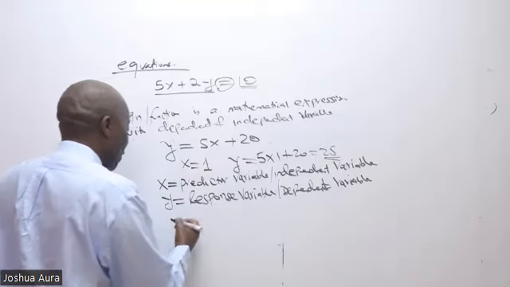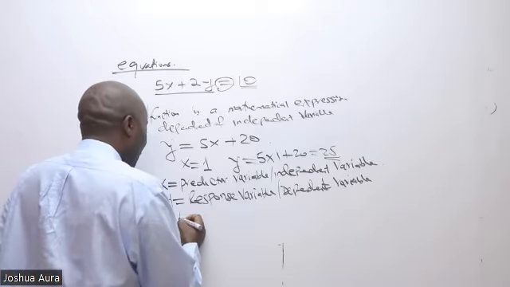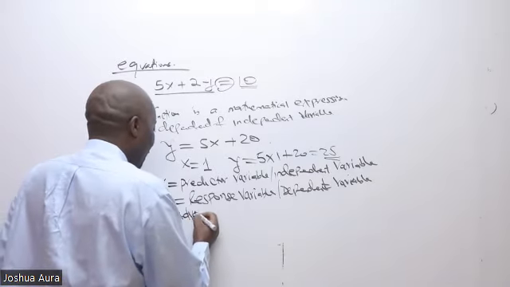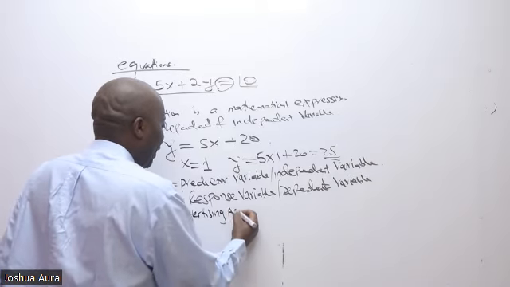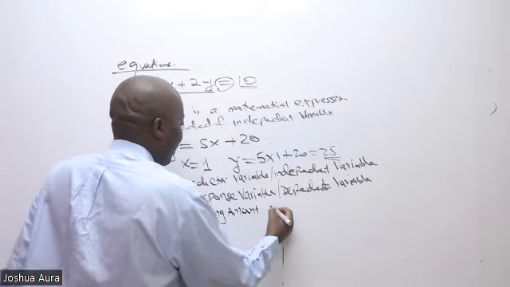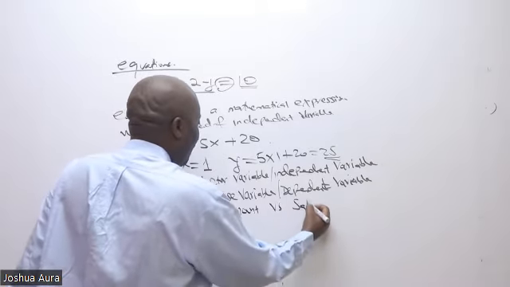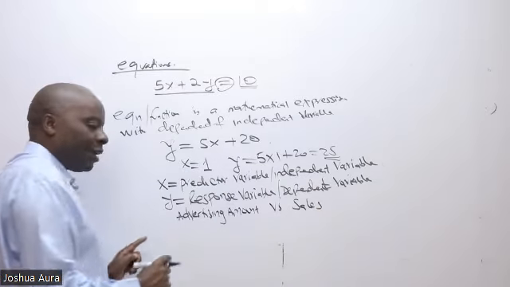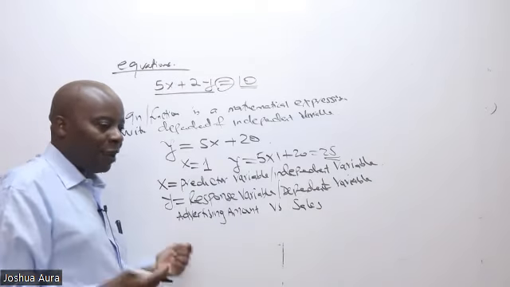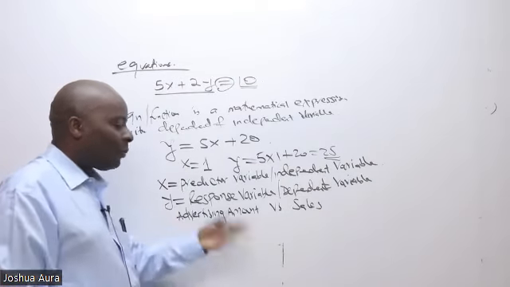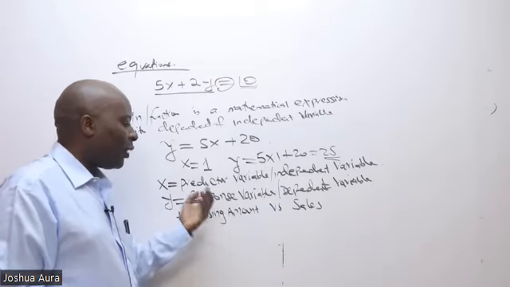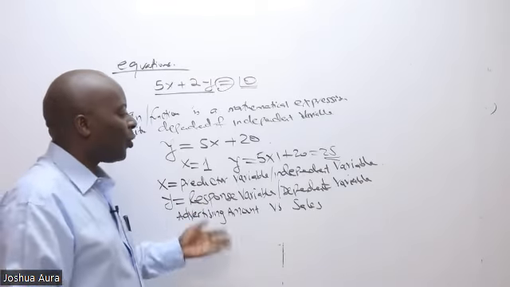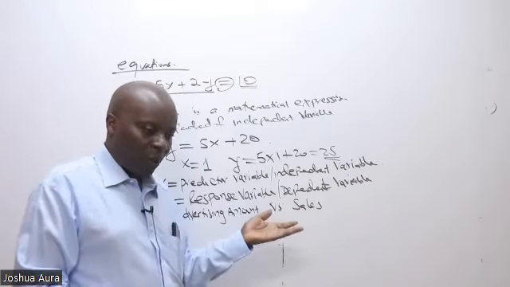In this case, for example, if you are given advertising amount versus sales, are the two variables? Yes, they are variables. They're never fixed. Advertising amount will keep on changing, and as the advertising amount changes, of course, we know that sales will respond.